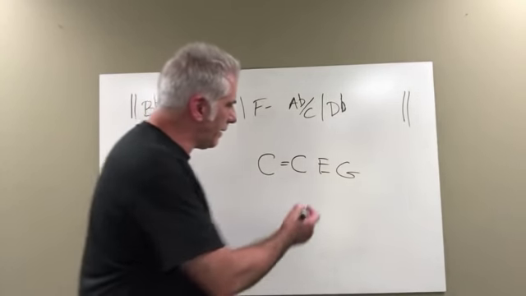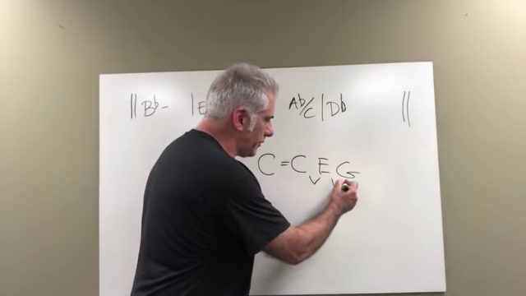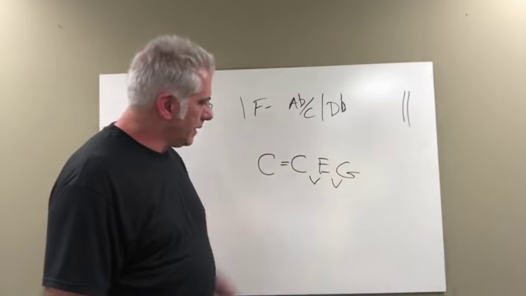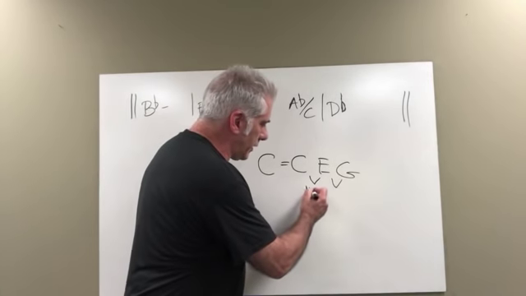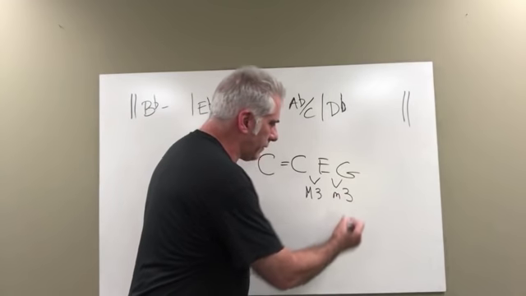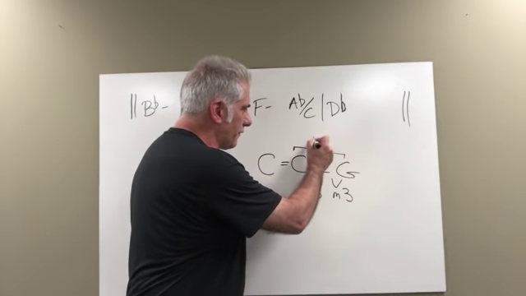They're talking about intervals between these notes: a major third, M3, then a minor third from E to G, small m3, and then a perfect fifth, P5.